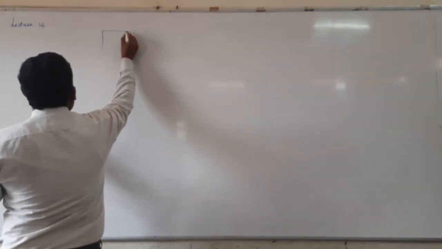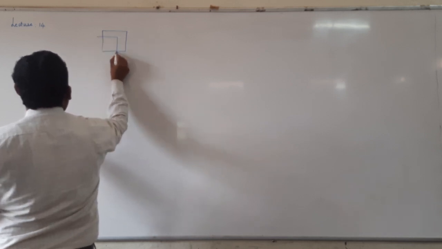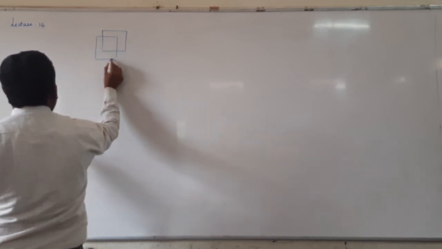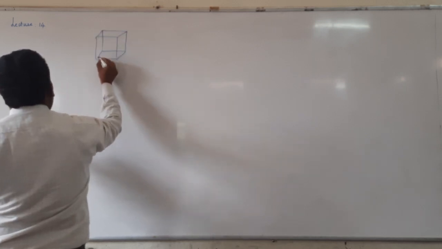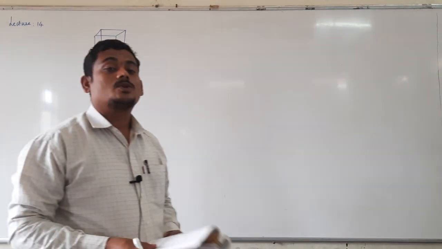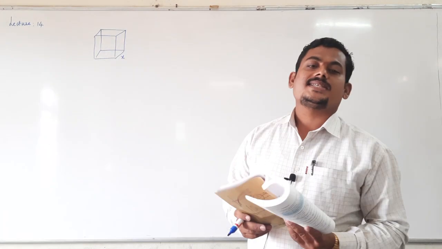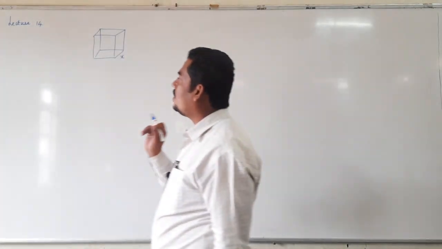One cube is there, its edge is increased 2%. It is x, edge length is increased 2%. Then what is increasing? Increase in volume means change in volume.